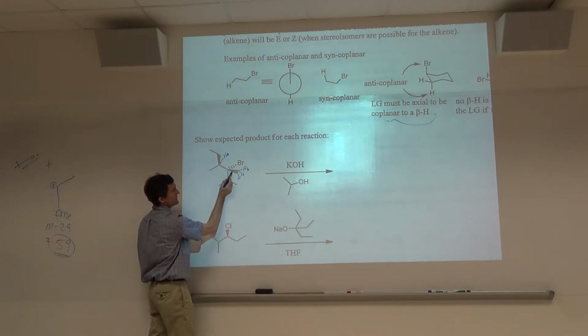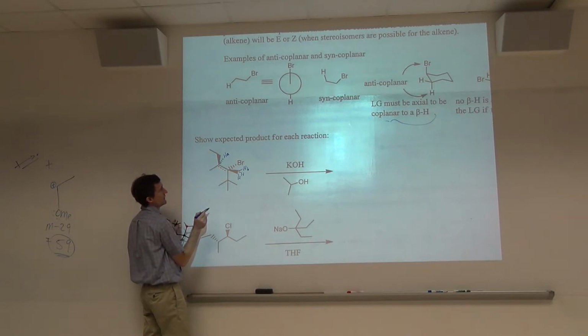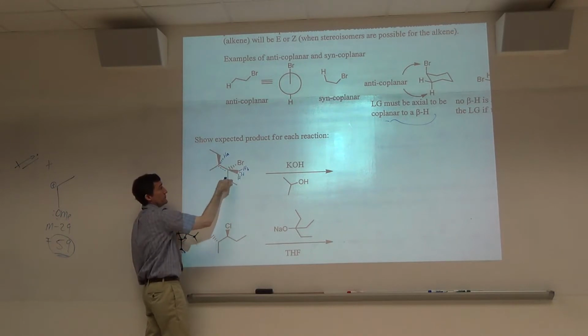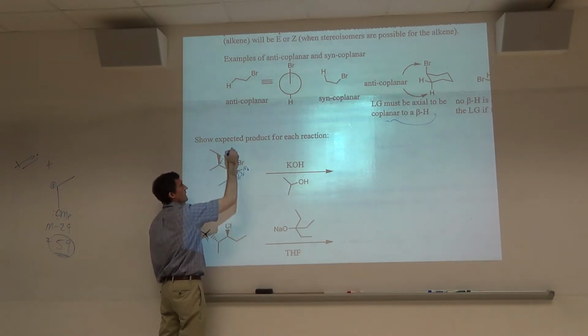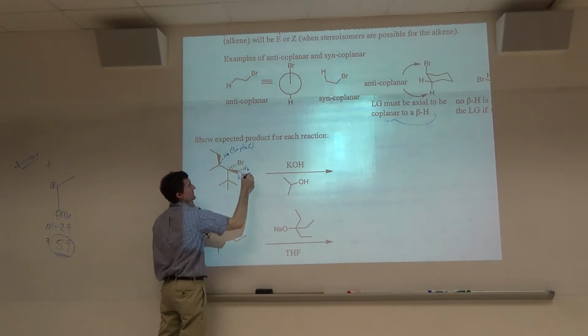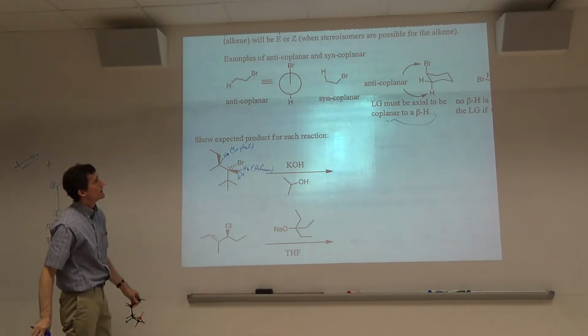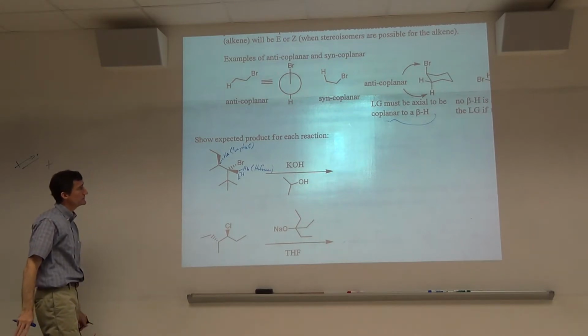If I put a double bond in there, how many substituents would it have? 2. These 2. If I put a double bond in there, how many substituents would it have? 4. Actually 4. Boom, boom, boom, boom, without the bromine. So what do you want to call this product? Zaitsev. And this product would be Hofmann. I'm pretty sure Hofmann is 1 F and 2 N's. Is that how it was spelled on the previous?